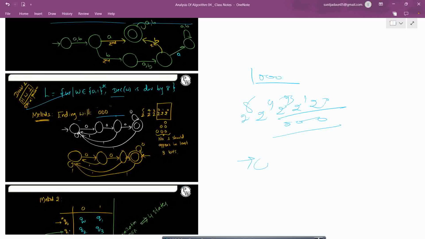So how can we construct DFA? So 1, 2, 3. Right? This 0 here. So it gets 1 from here. It will go there. We get 1 from here. We again go there at 1. Right? This is the number of bits that should appear in the last 3 bits. No 1 should appear.